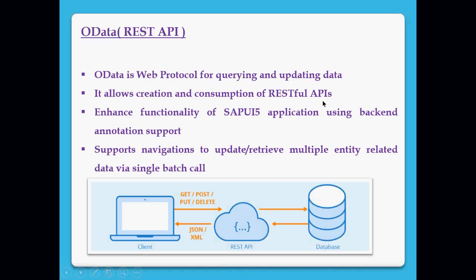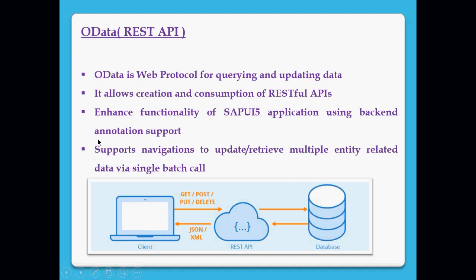And to enhance the functionality, we have multiple SAP supported annotations already available. One we already saw, the labels, the nullable operations, and all those, which can enhance the functionality and ensure that our front end application is behaving smoothly, and we can enhance the functionality and the UI of the SAP UI5 application directly by changing something on the backend part.